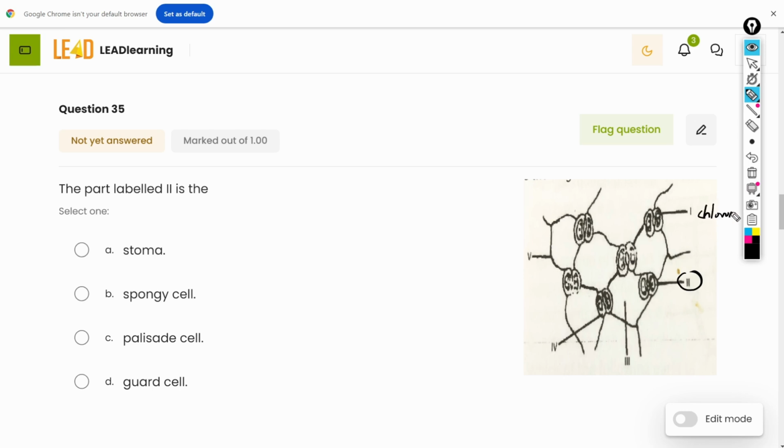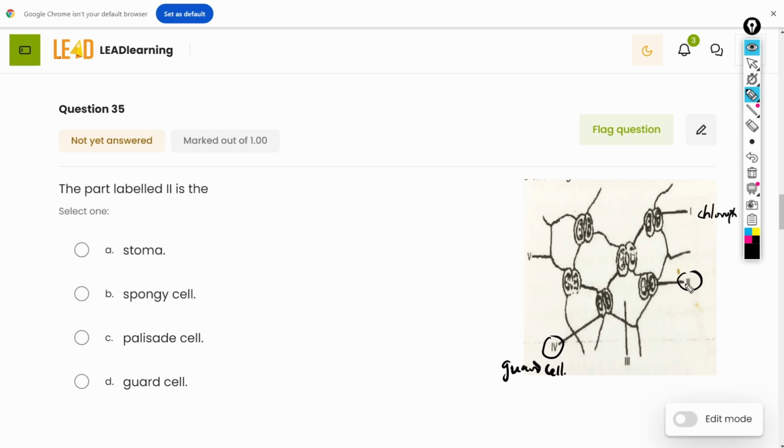Chloroplasts are located within the guard cell, and then structure 4 is pointing at the guard cell itself.